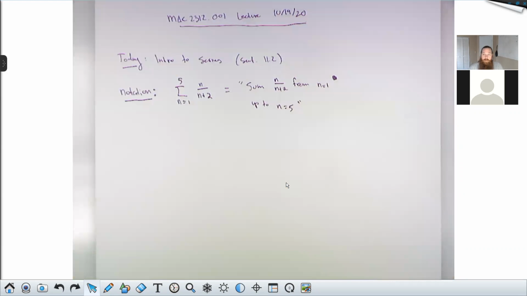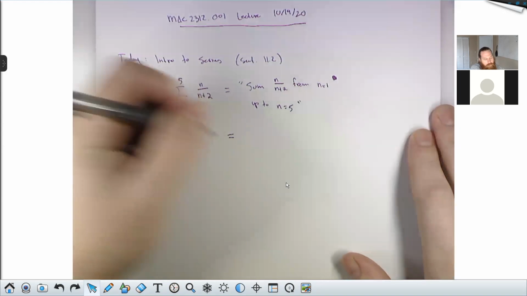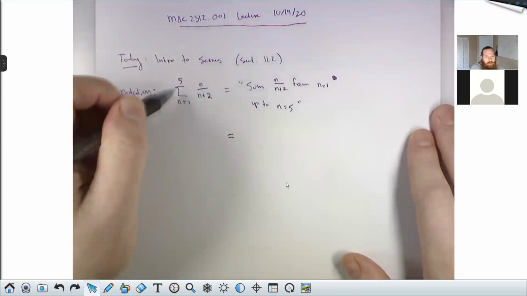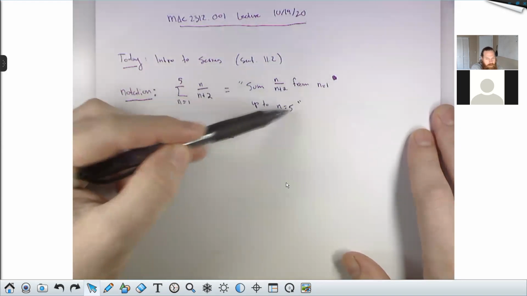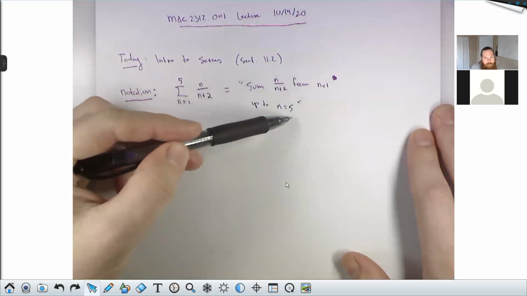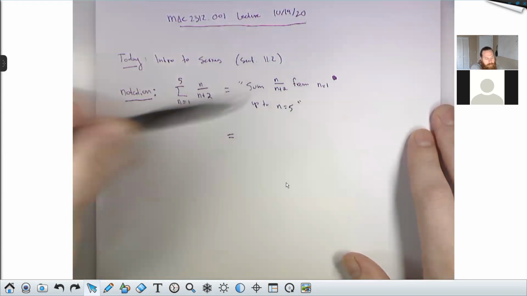It's the same sort of idea as integrating from x equals 1 to x equals 5, the function x over x plus 2. And actually, you'll see on Wednesday, more explicitly, the connection between sums and integrals. But here, if I wanted to compute this sum, I would plug in all this range of n, so from 1 to 5, into this function or sequence and add them up.